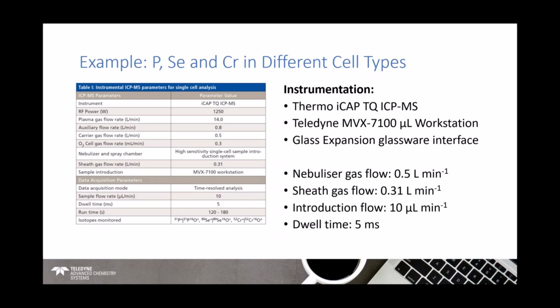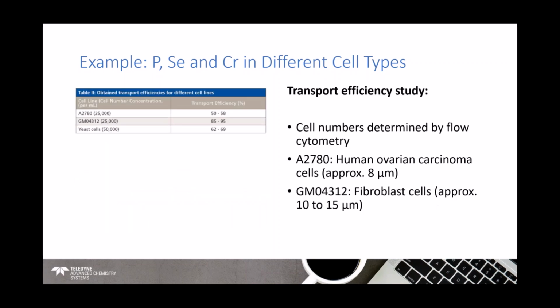Now, as part of the work that they did, they've looked at a number of different cell types, and what should be remembered through this kind of work is that cells are very different by their nature.